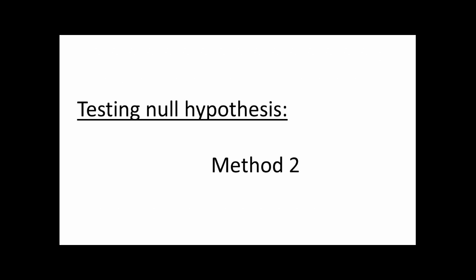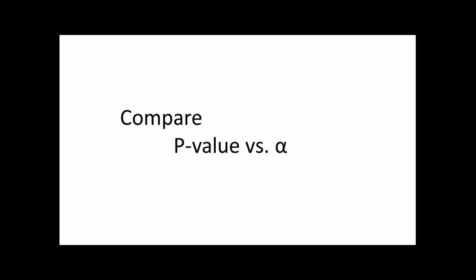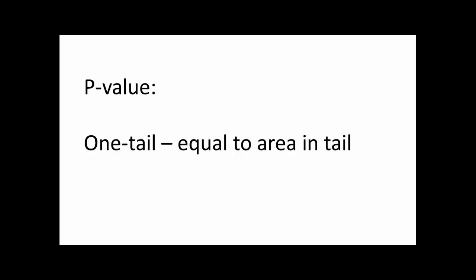The other way to check your null hypothesis is to compare the p-value from your test statistic with your alpha, which is your level of significance. The p-value is based on the area in the tail of your test statistic. If you have a one-tailed test, the p-value equals the area in the tail of that test statistic.